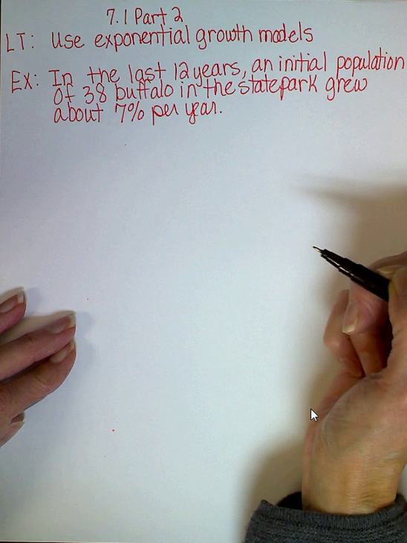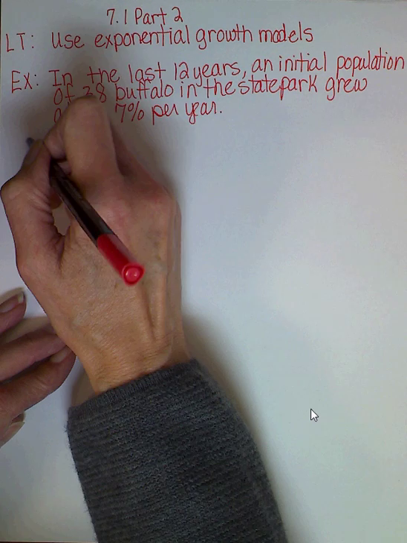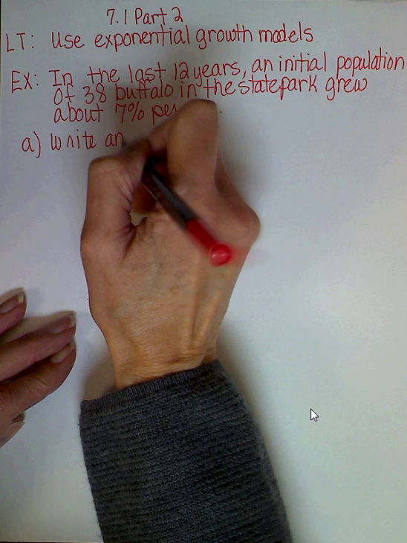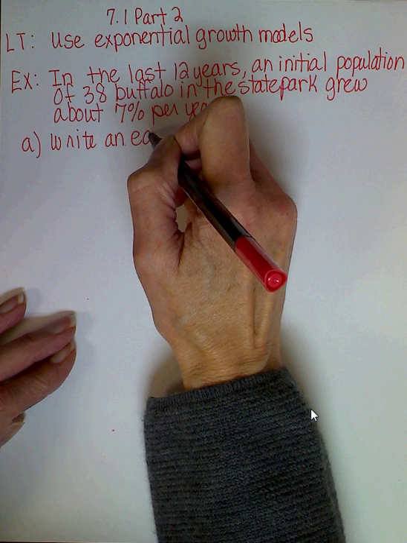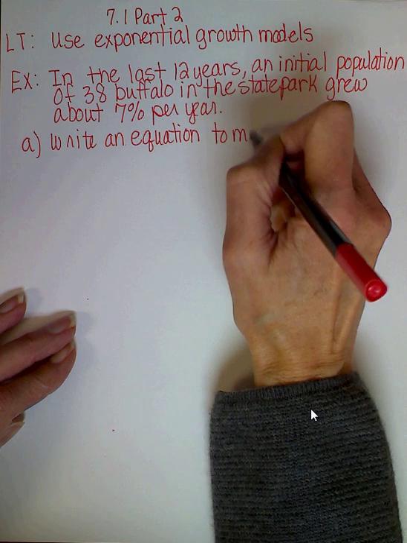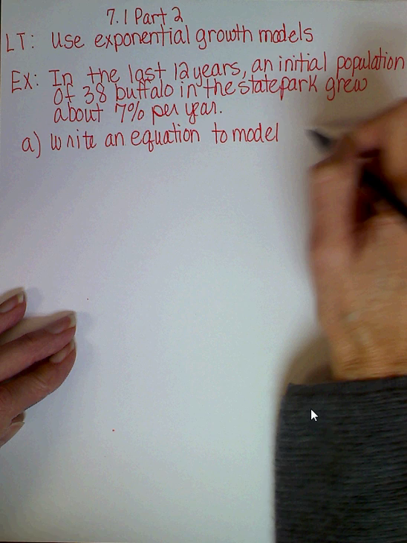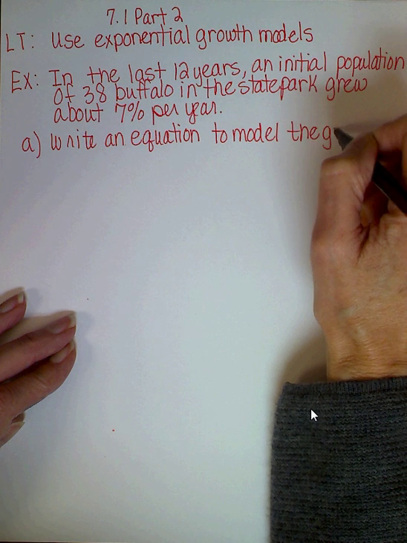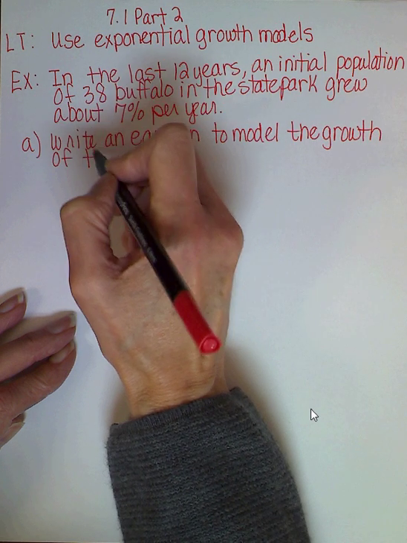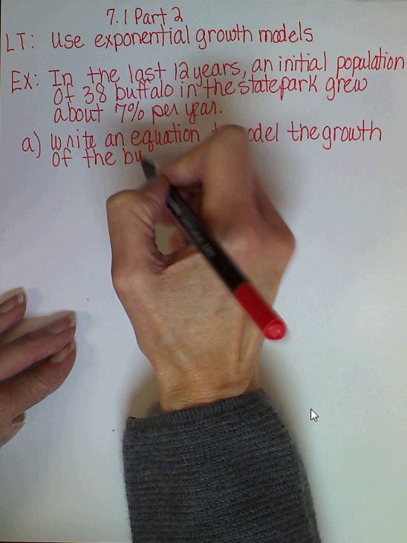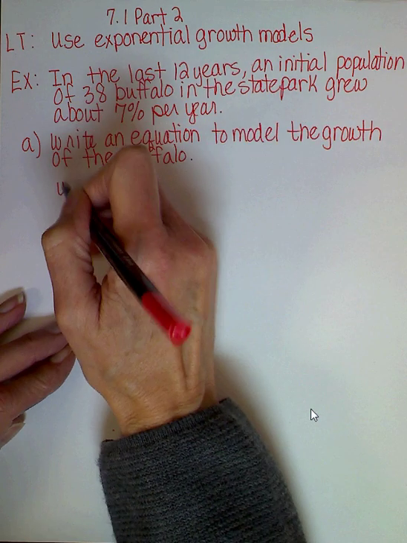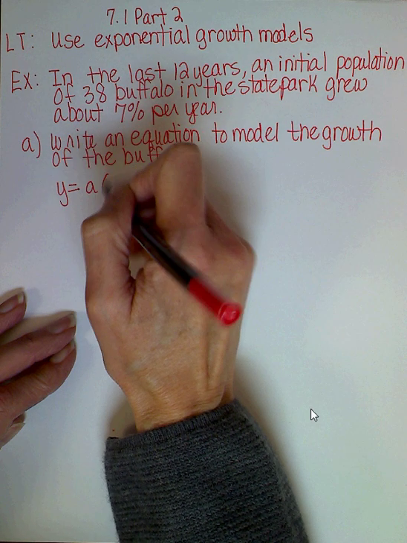So this is an exponential growth, and the first thing they want us to do is write an equation to model the growth of the buffalo. Okay, we used this equation in Algebra 1 for exponential growth.